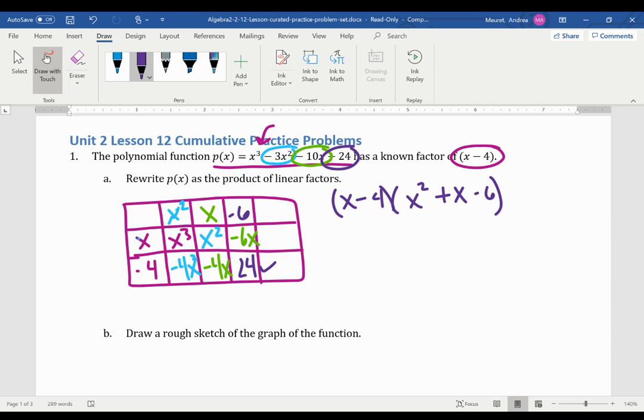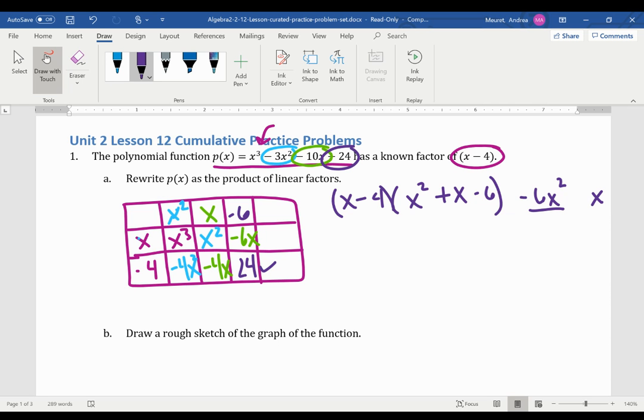So now I want to take the second part, the quadratic, and see if I can factor it further. So I'm looking for factors of negative 6 x squared that add up to x.